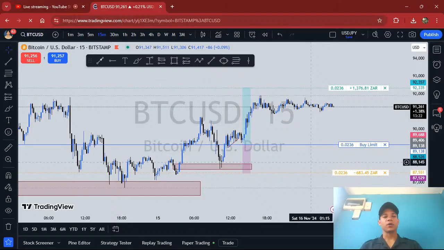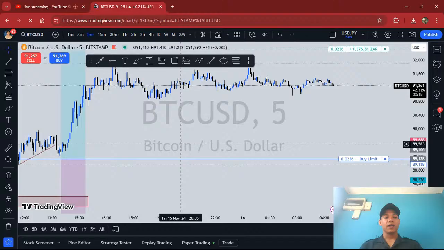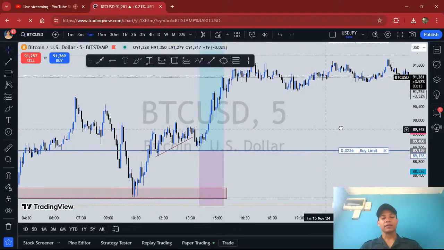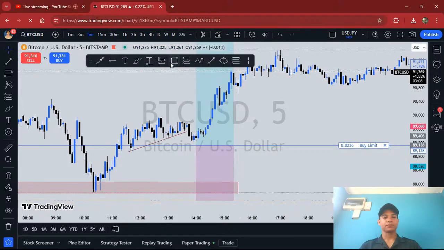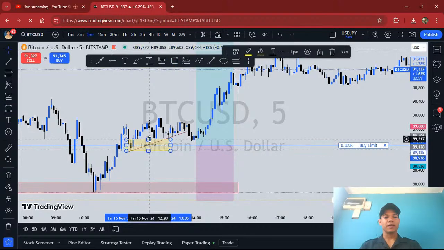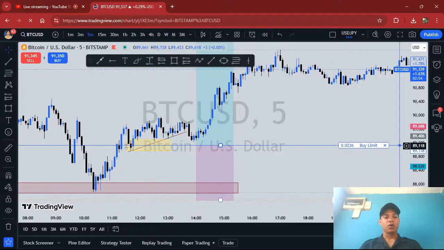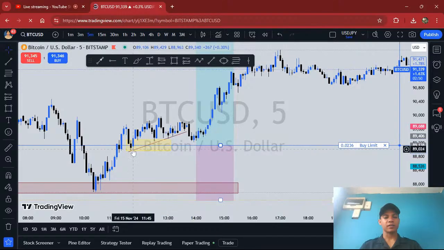If I'm going to be taking trades or doing a top-down analysis on indices, then I will most likely start on the monthly chart. It's just a matter of there's a lot more candles on forex compared to indices, even on crypto.